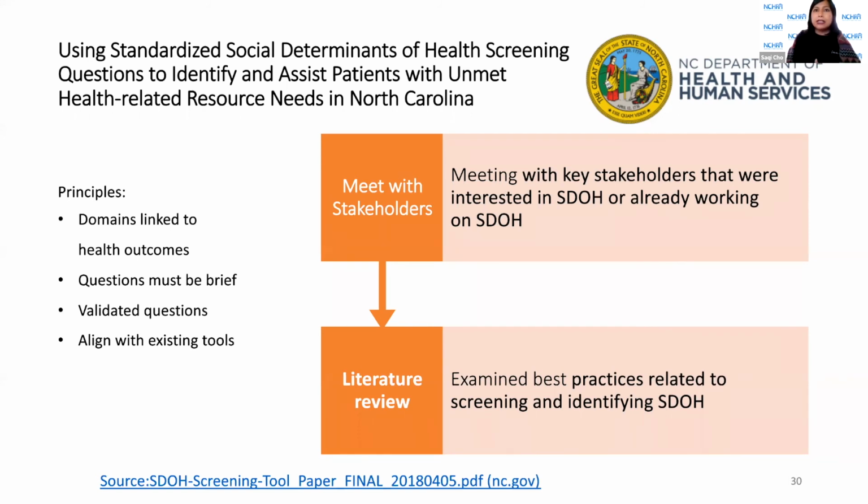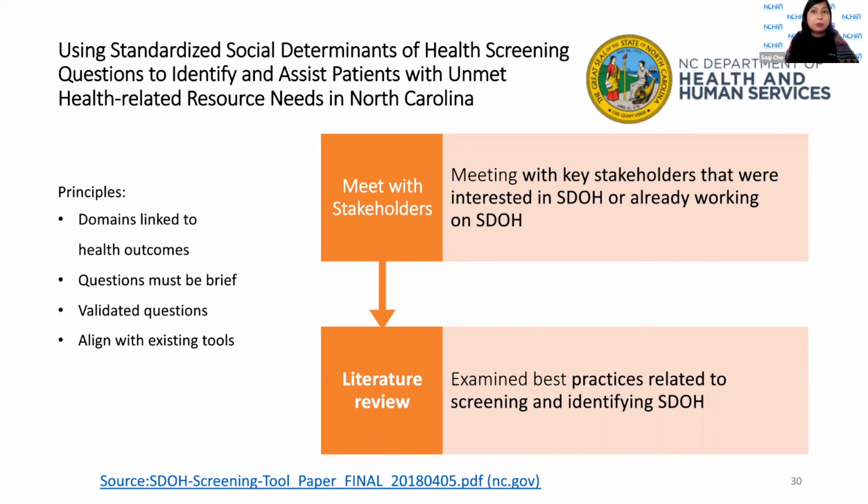And the idea here isn't that it needed to be a comprehensive or exhaustive screener, but that a positive response might trigger a more in-depth assessment that allowed for a greater understanding of specific needs and more targeted navigation to resources by a community health worker or a care manager or a social worker or someone else in the enabling services team.